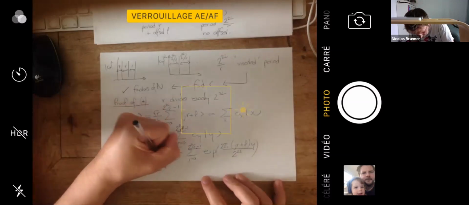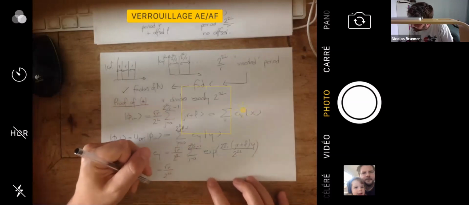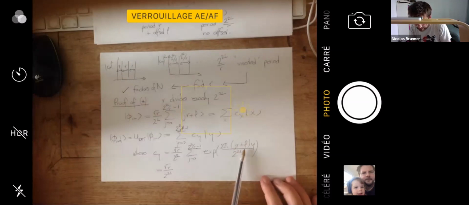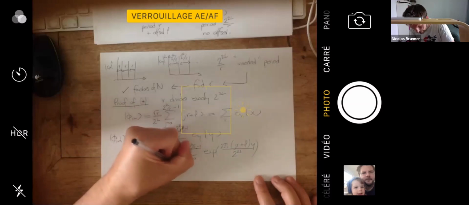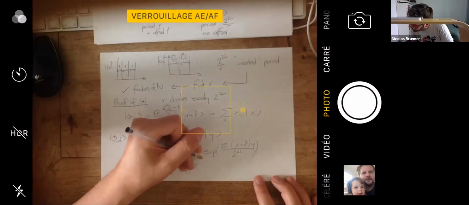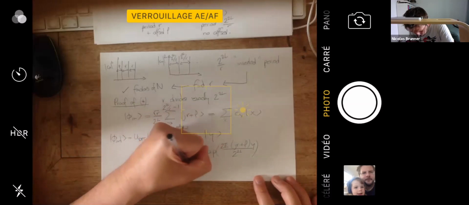For completeness, we can put the coefficient in front. The first thing is that if we expand this sum, we get a product of exponentials. The second one is the one that contains the offset, so this one we are going to pull out. Here we have an exponential of 2 pi I Ly divided by 2 to the 2L.